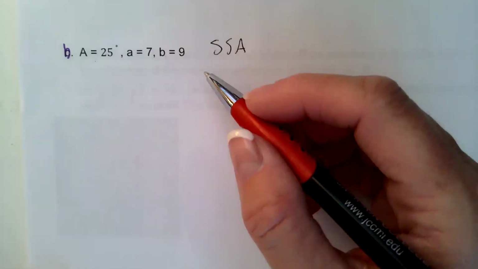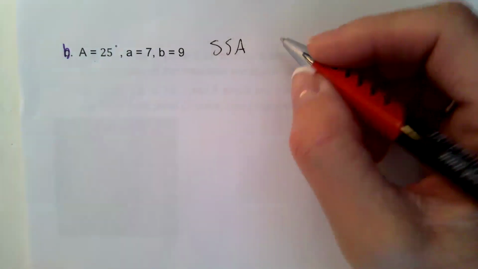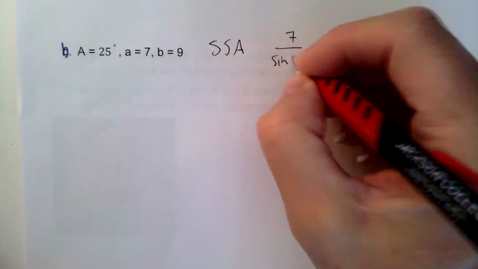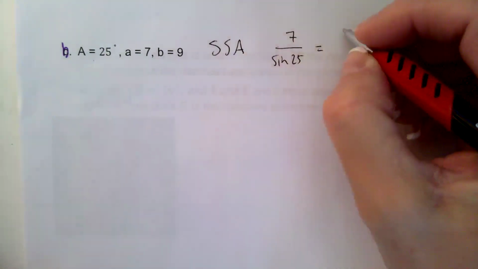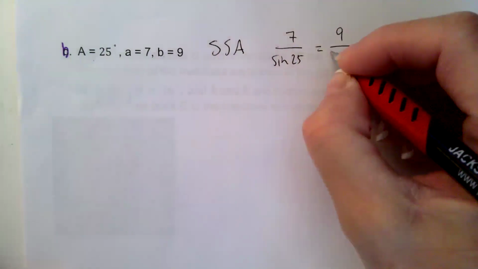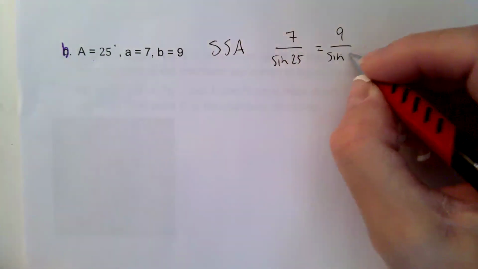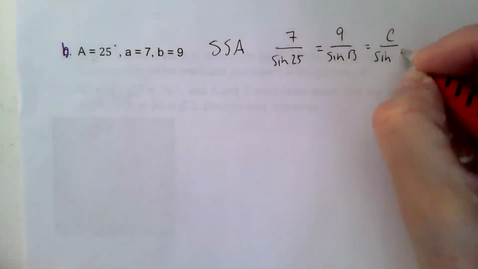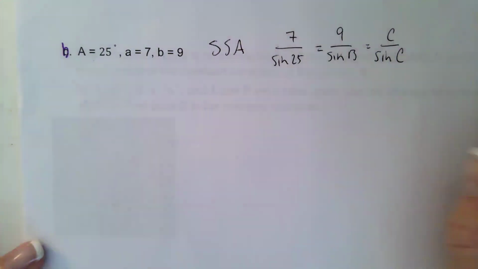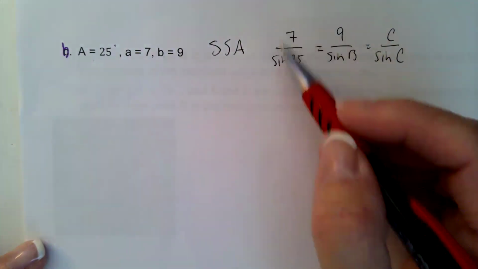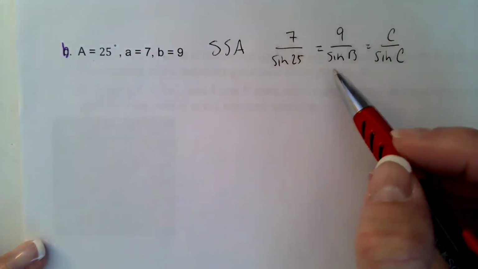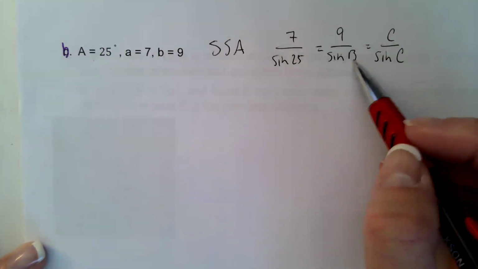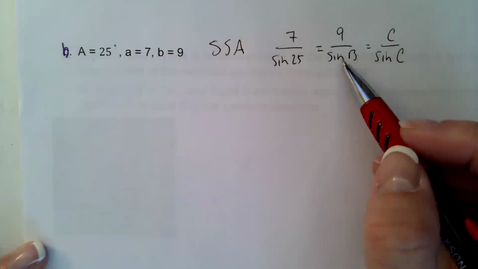So we know that 7 is compared to the sine of 25, and 9 is compared to the sine of B. And then C, we don't know anything about. So we're going to be using 7 over the sine of 25 to try to help us find the other pieces. So first we have to try to find this angle B because we don't know anything about C.